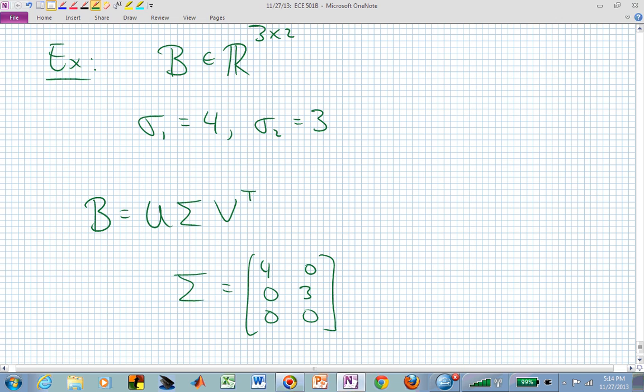What's the null space of B? Do I have a V sub 2 submatrix? I don't, do I? This is telling me what about my matrix B? It has full column rank, doesn't it?